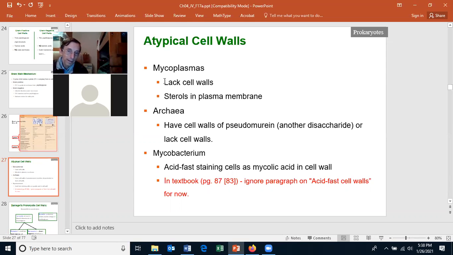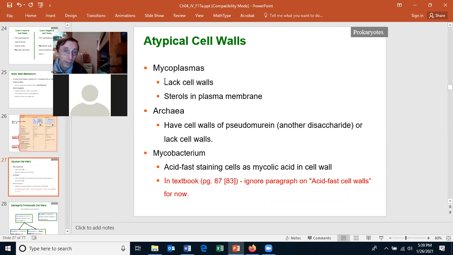Because there's so much lipid in the cell wall of the mycobacterium, these cells do not readily take up water-soluble dyes, such as the dyes used in the Gram stain. All right. Any question about the mycobacterium? We'll talk about them a little further in a future lesson.